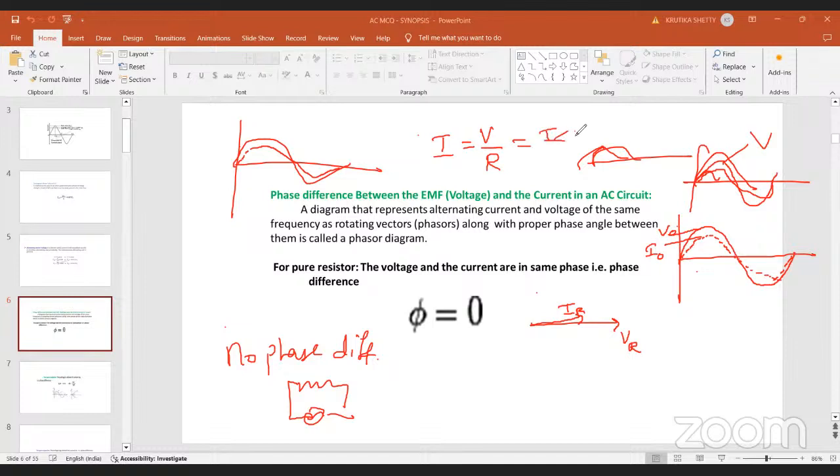I will be lesser than your V value. So therefore the graph is represented in this way.